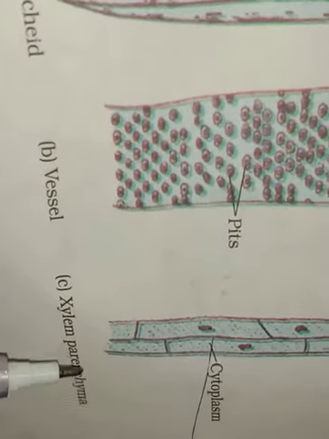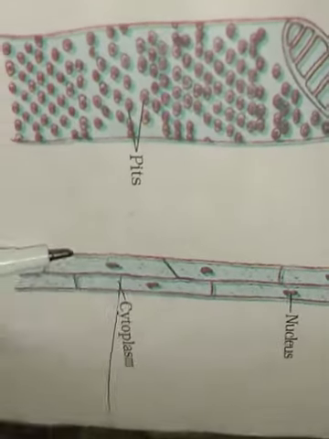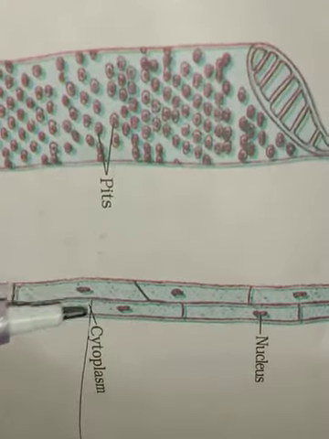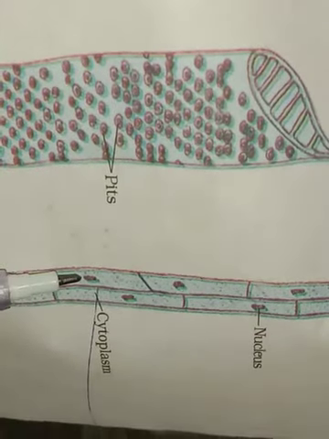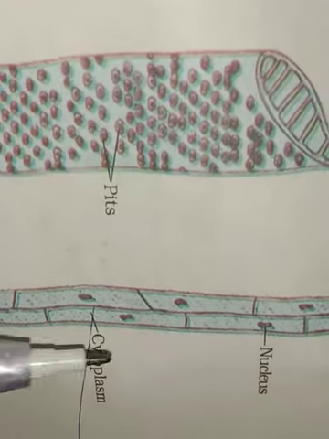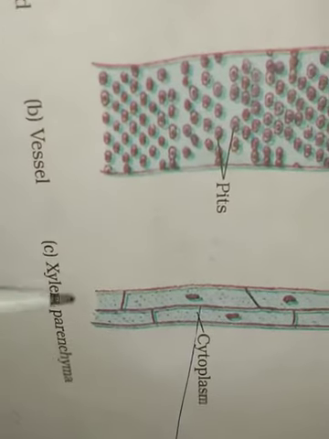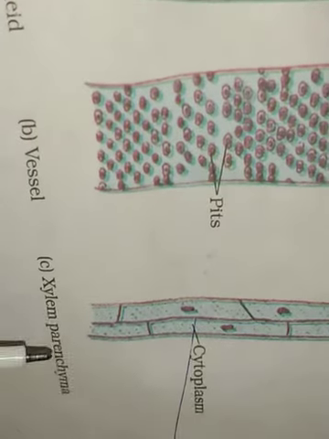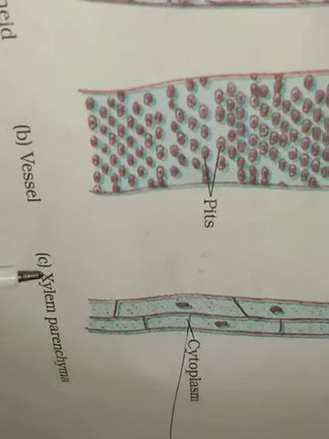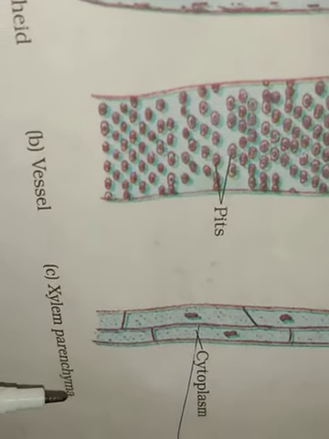Then is the xylem parenchyma. These are also elongated in structure, and each cell is a cell. All of these cells collectively form a tissue. In each cell, nucleus, cytoplasm and all the organelles are present, and these also help in transportation of water. Apart from the xylem, in all other parts of a plant, these help to store the food.